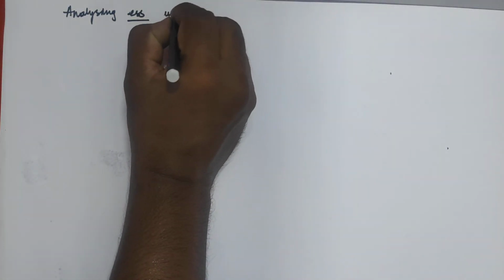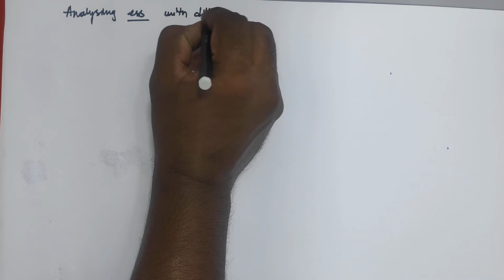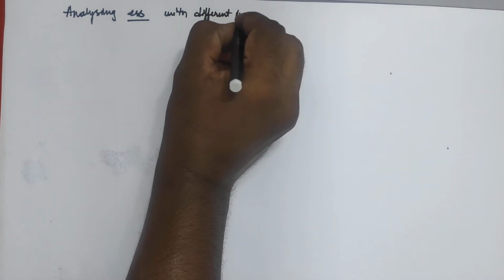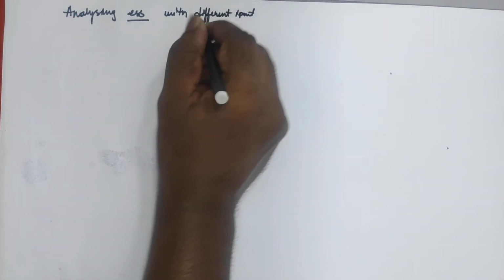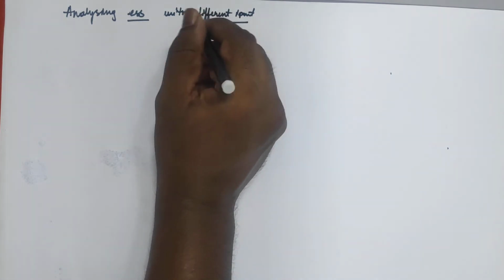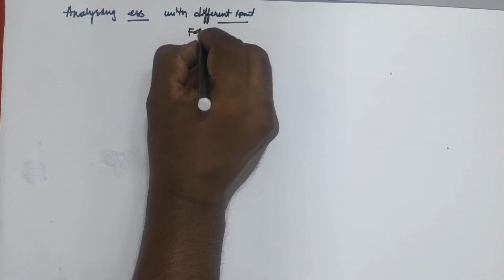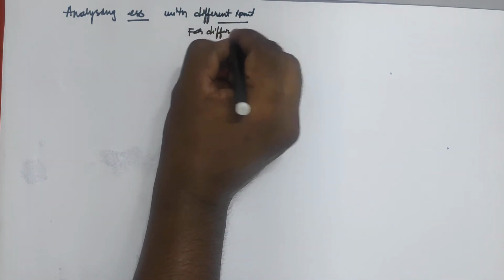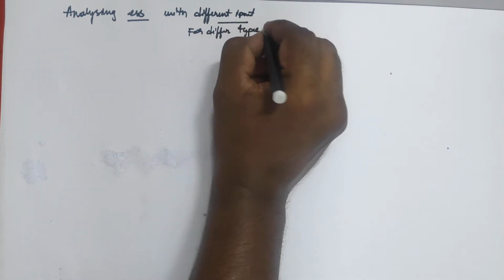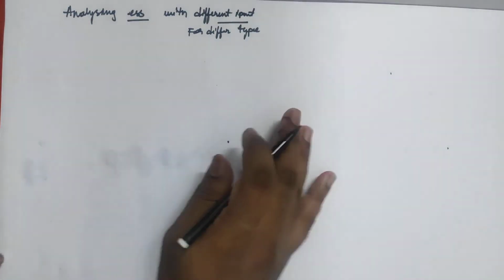Steady state error with different inputs, for different types of system. So this can be done like this. Initially I go with a different single input.